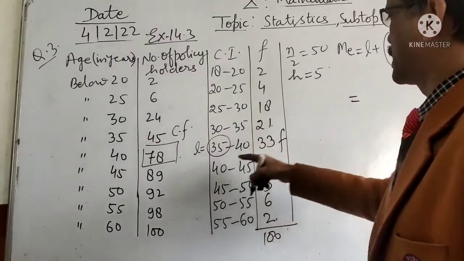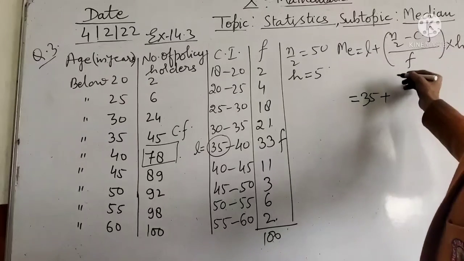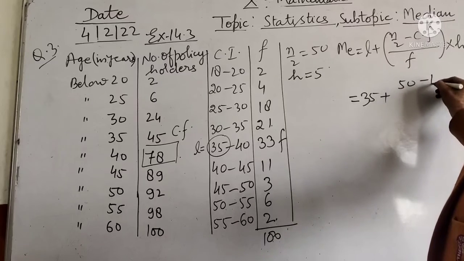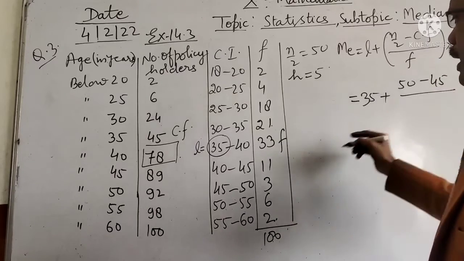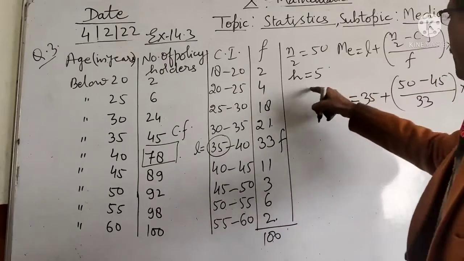So it is 35 plus (N by 2, which is 50, minus 45) upon F, which is 33, into H, which is 5.